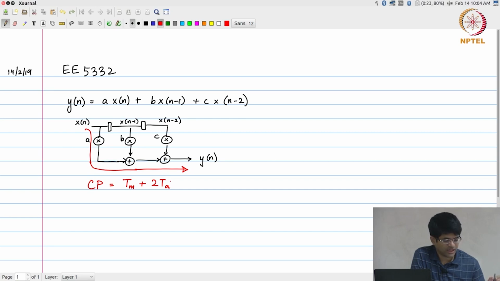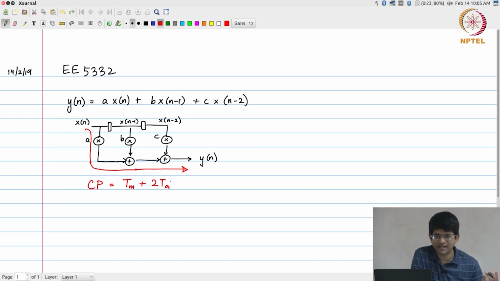Keep in mind, when I write something of this sort, I am making certain assumptions. For example, I am ignoring things like the setup time of the individual flip flops. I am also assuming that there are flip flops or registers at the very input, so x[n] is coming from a register and y[n] is going into another register. Those are the implicit assumptions that I am not really going to elaborate on.